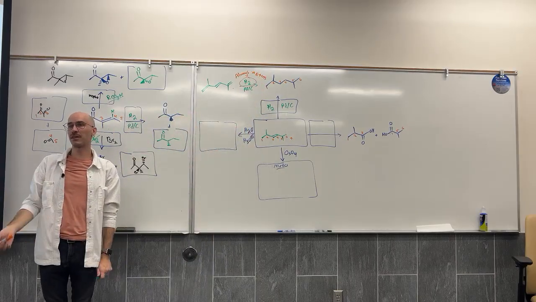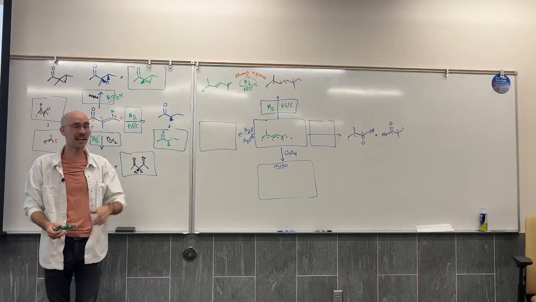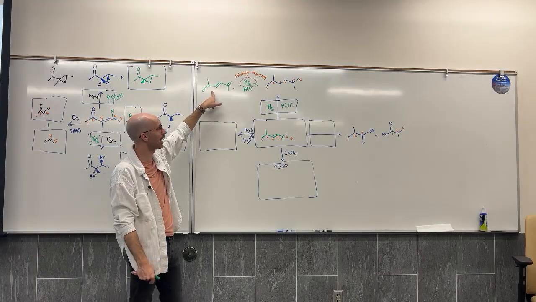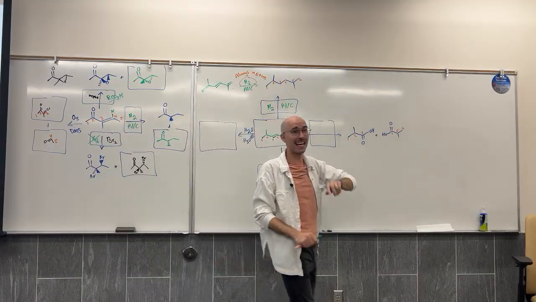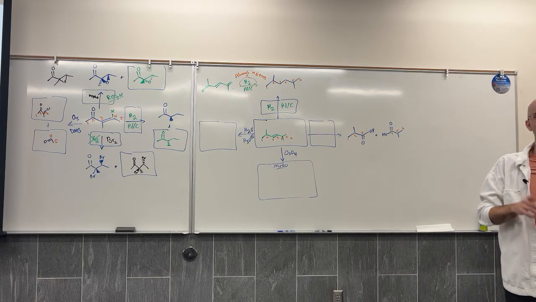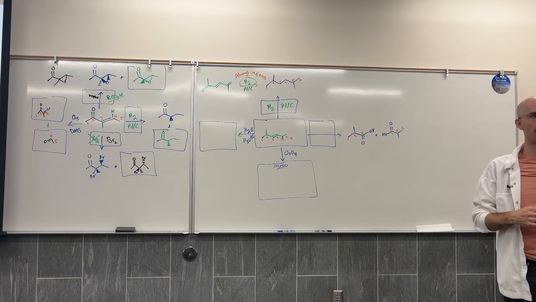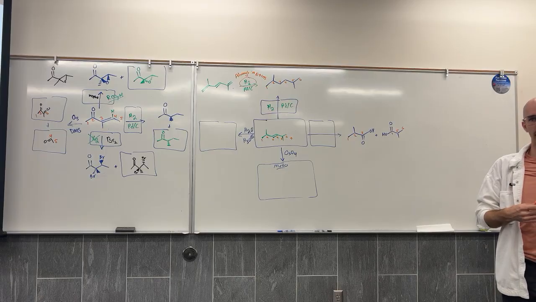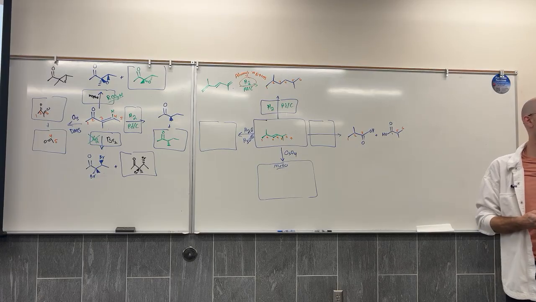Because we always assume it, we don't say it. I think you guys can see that taking a triene all the way down to alkane, that's not using 1 equivalent of H2. That's using 3 equivalents of H2, but you'll never see anyone report it that way.